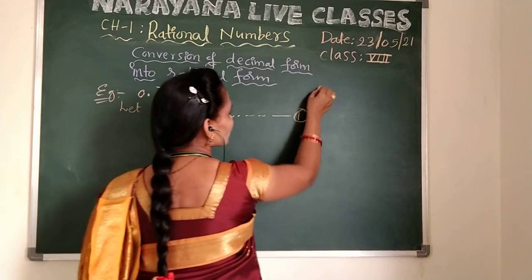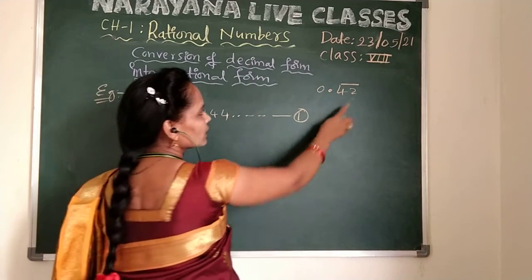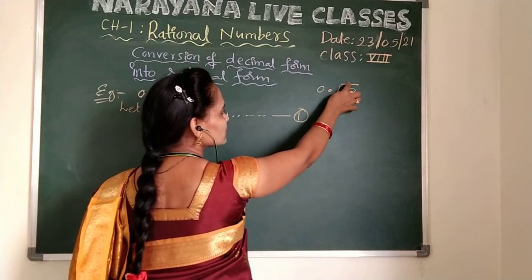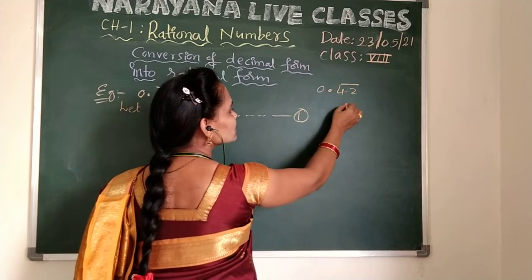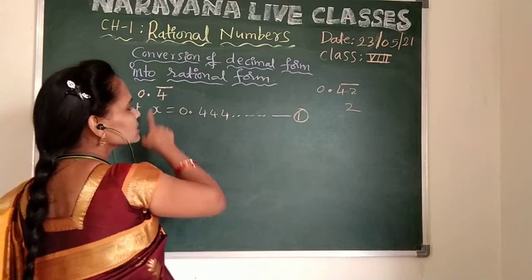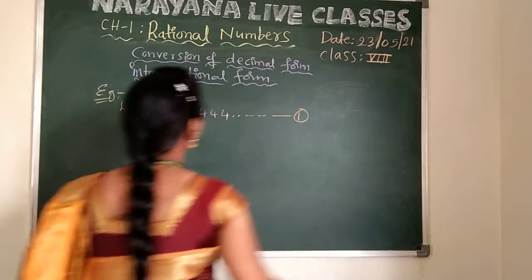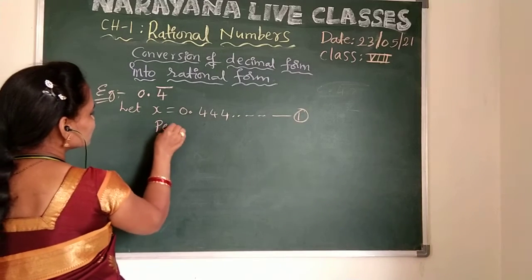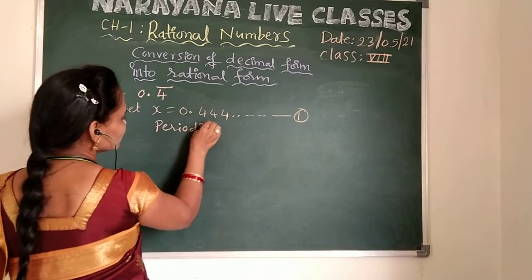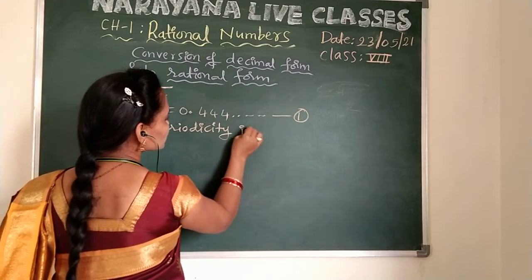For two digits, suppose 0.42 bar, here 1, 2, the bar is over two digits, so periodicity is 2. Here the bar is for one digit only, so periodicity is 1. I hope you understood. Here first we have to take the periodicity.